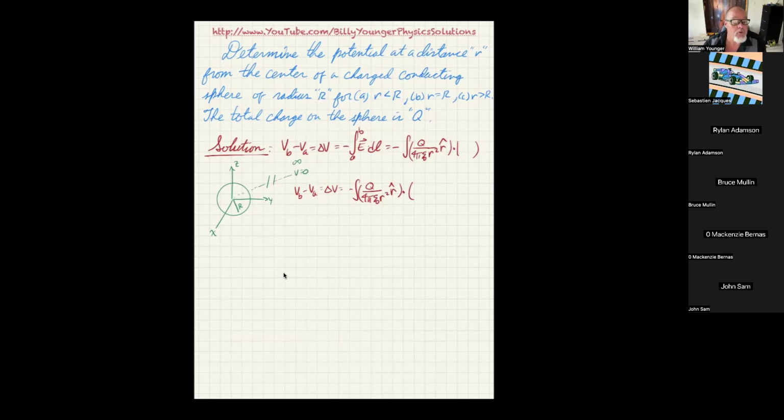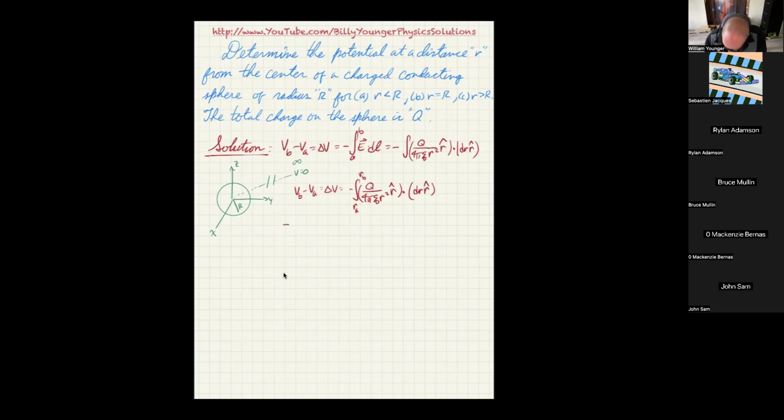Now, I am ultimately going to say that RB is my endpoint. So I'm going to say from RA to RB. Now I've indicated the actual direction I'm going. I'm going to go from RA to RB. So I'm just going to point my dl vector in the positive coordinate direction, which is going to be dr r hat.